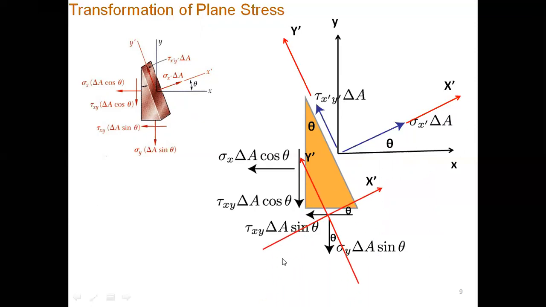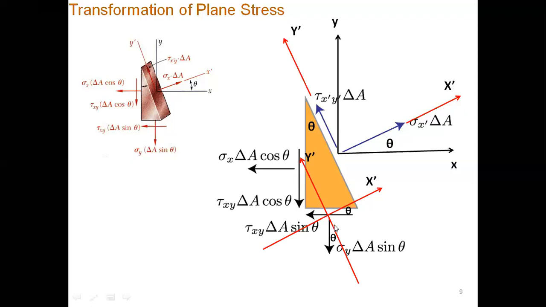And in order to develop those equations, we would be resolving all these forces into their rectangular components along x prime and y prime, because our new coordinate frame is x prime and y prime, and we are trying to find the stress values in our new coordinate frame.